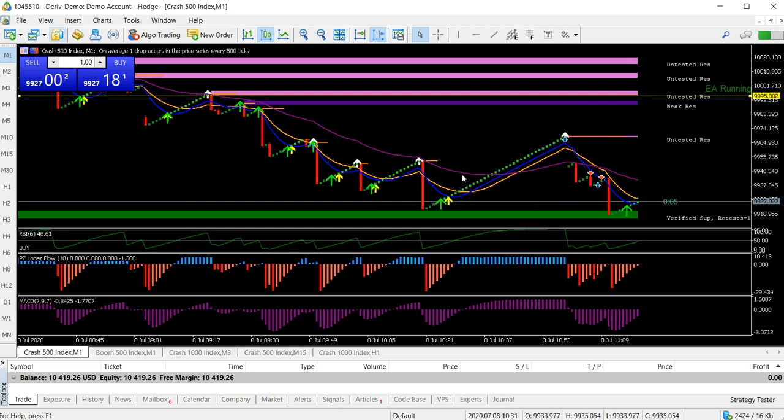If you find price below the purple line in the crash market, it means that it's doing a downtrend. But when the present buy which is going on passes the purple line, you can take your 1 bar and go your way.